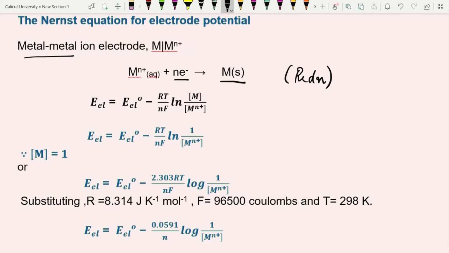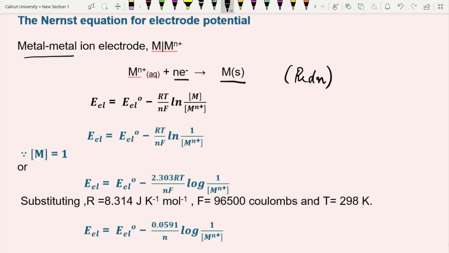For this electrode reaction, I can put the Nernst equation as E of electrode is equal to E naught of electrode.